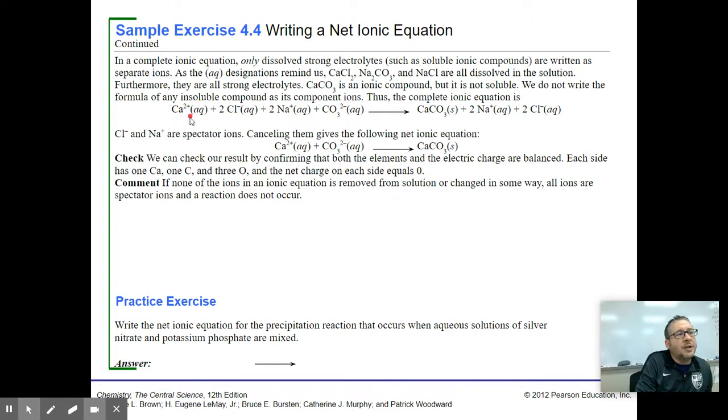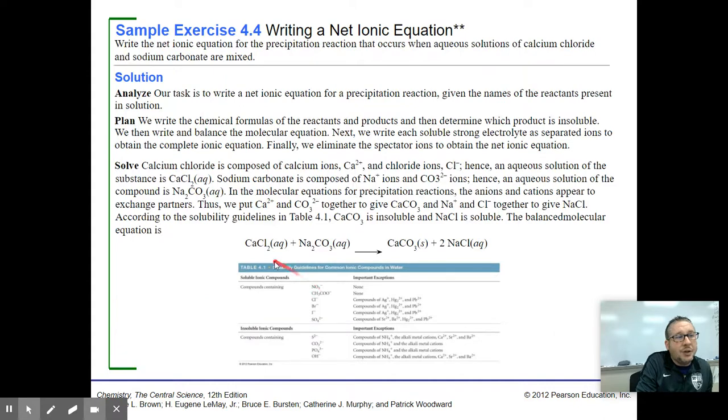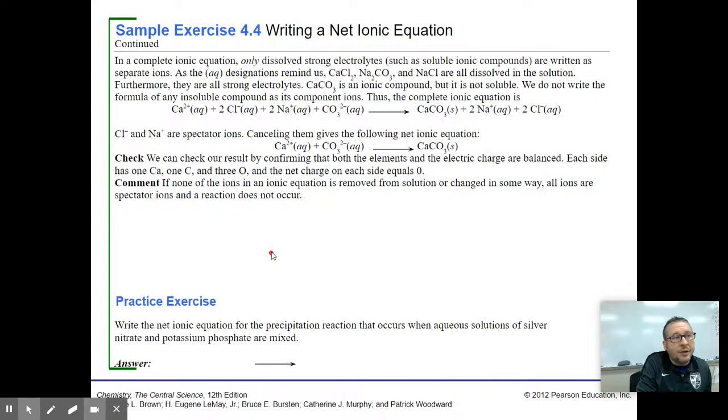So, calcium chloride gets put into Ca2+ and 2 Cl-. Again, that 2 that's on the Cl right here from the molecular equation gets put in front of the Cl- ion in the ionic equation. And so same thing with the 2 on the sodium. It gets put up as a coefficient for its ion, and carbonate is also separated.